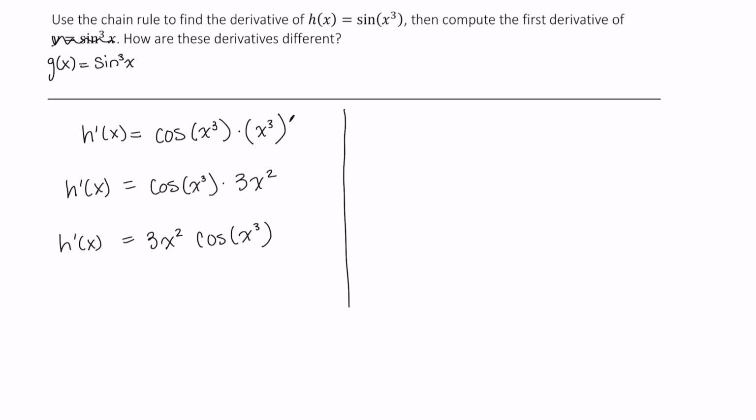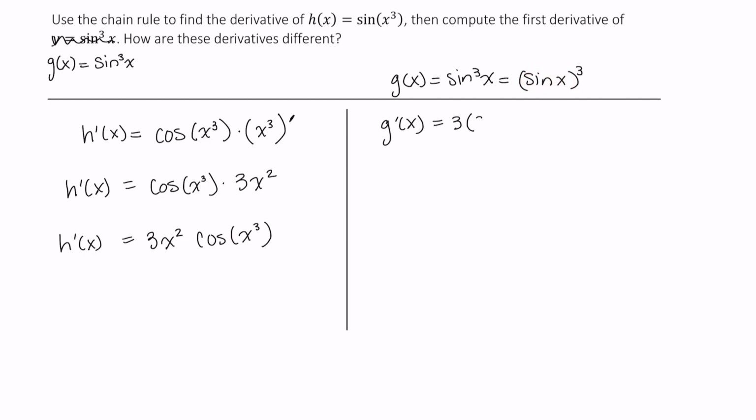All right, so now let's look at g prime of x. And before we find g prime of x, let's remember that g of x is sine cubed x. When you think of trig functions, when they have an exponent between the name of the trig function and the input, what this really means is the trig function cubed. So now the outer function is the cubed function, and we need to apply the power rule first.